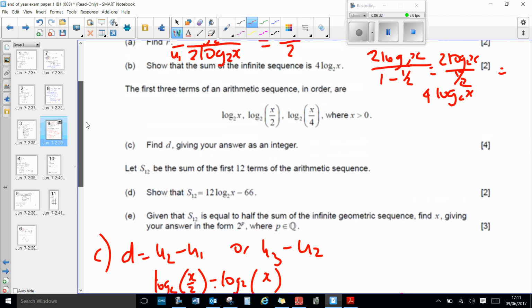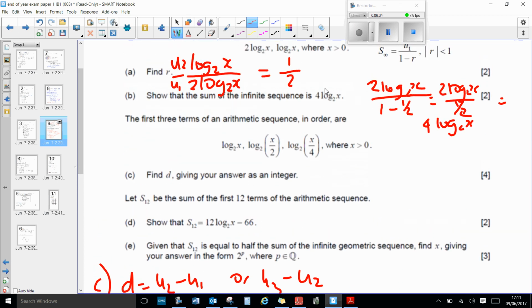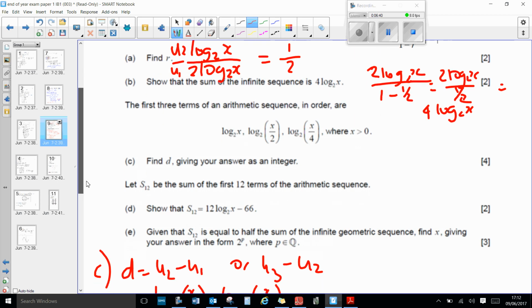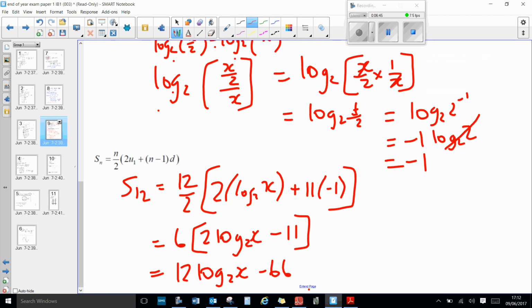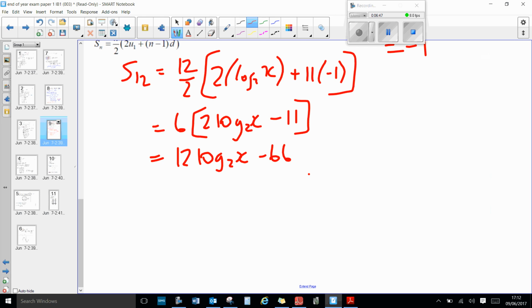So the sum of the infinite geometric sequence was this, and it's equal to half of that. So it's only going to be 2 log base 2 of x. So we would write 12 log base 2 of x minus 66 equals 2 log base 2 of x.